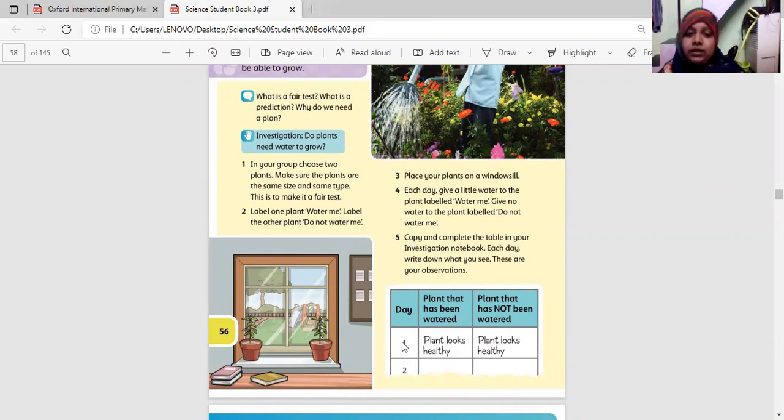On day one, both the plants look healthy, the one that has been watered and the one that has not been watered. But when it goes from day 2 to day 3 and day 4, what will happen? The plant that has not been watered will eventually dry and die out. It's a very simple and small experiment which we all can do in our homes and observe how important water is for the plant.